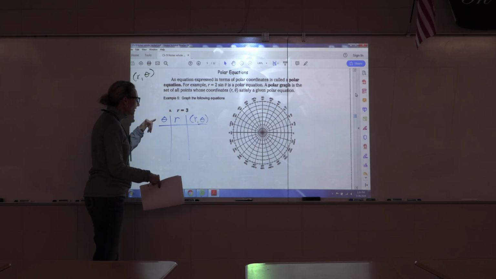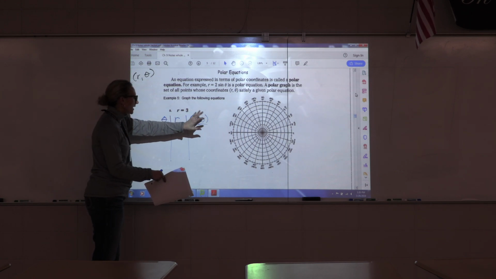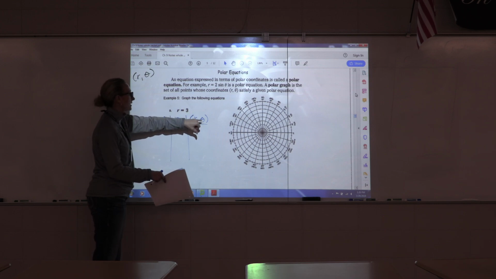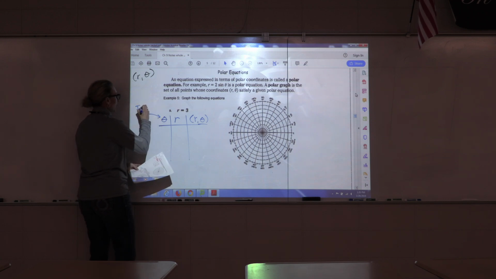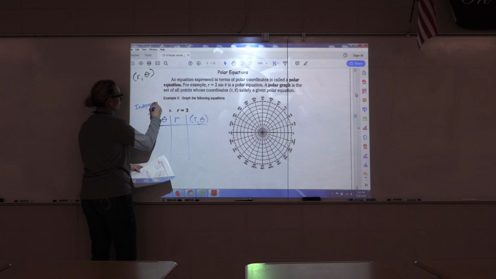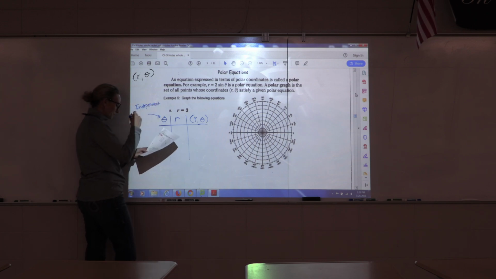Remember, we generally think about graphing theta first and r second, but in the point, r comes first, theta comes second. When we do this, we think of theta as the independent variable. It can just keep changing, okay?